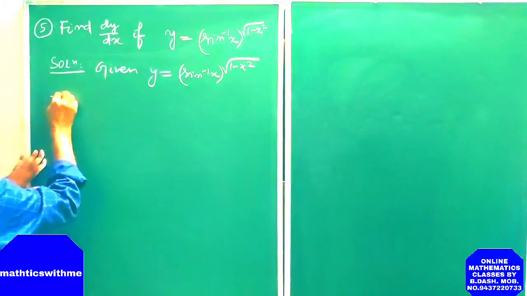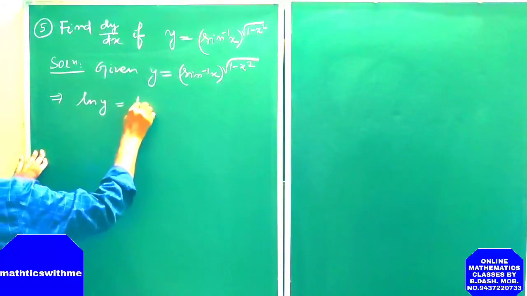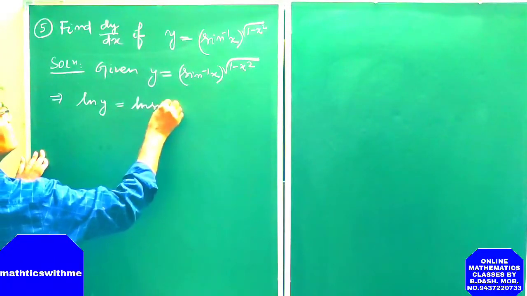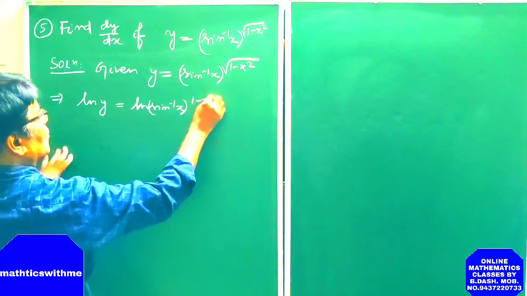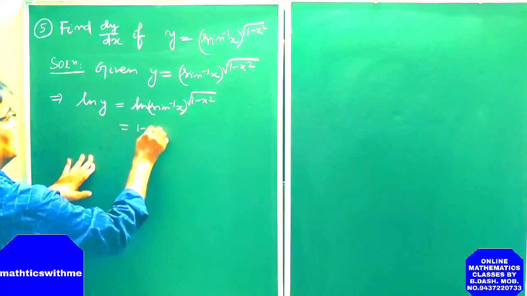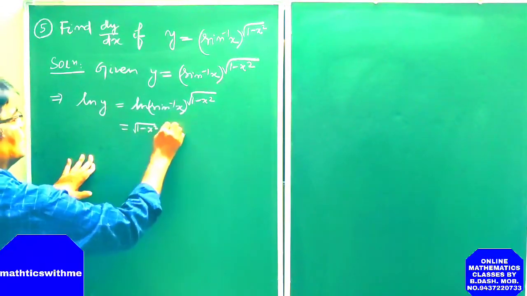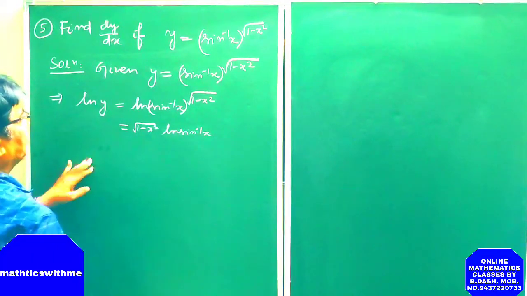So taking logarithm both sides, ln y is equal to ln of sine inverse x to the power root over 1 minus x square. So this is root over 1 minus x square into ln sine inverse x.